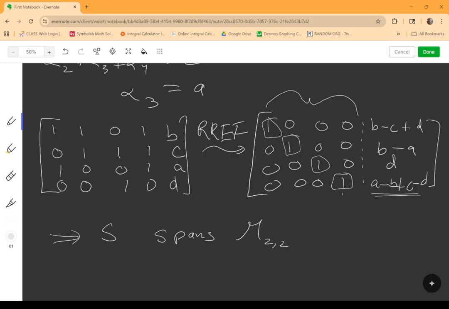So S spans M 2 by 2, and just based on this reduced row echelon form, S is linearly independent, because here in just the coefficient matrix, we get I4. So it is linearly independent.